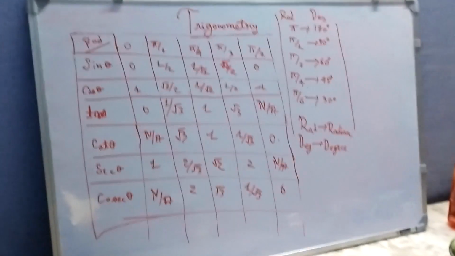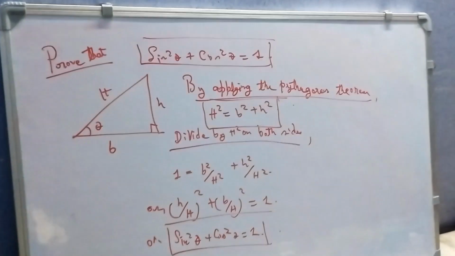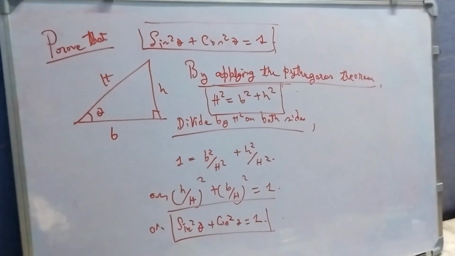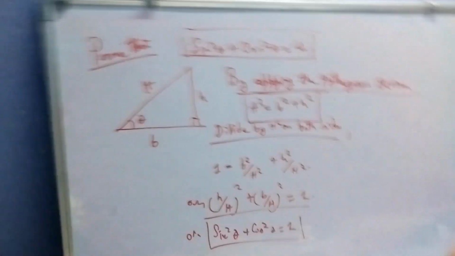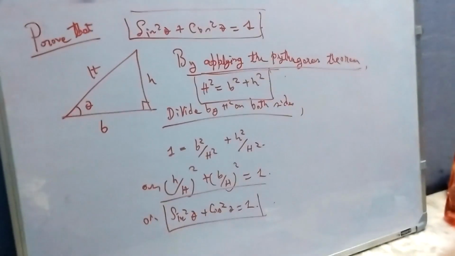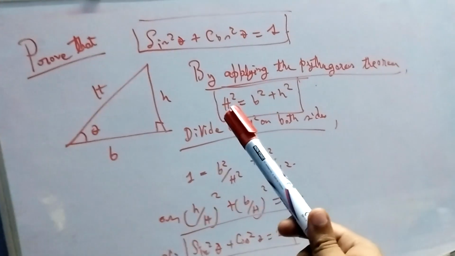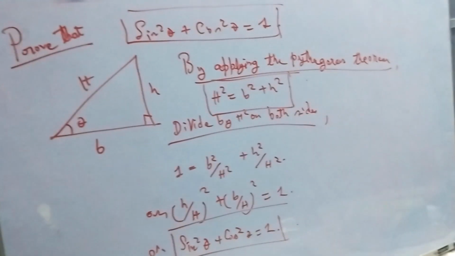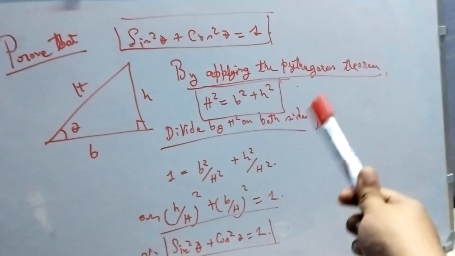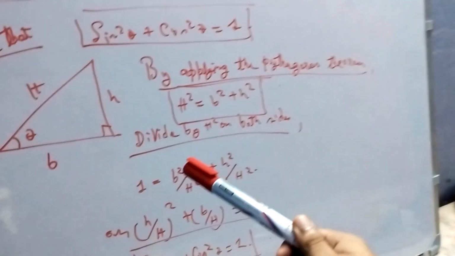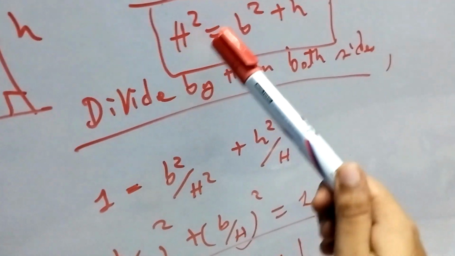I'm erasing it. Well, how can you prove sine square theta plus cos square theta equal to 1? We all know about the Pythagoras theorem, right? From our childhood we are reading it, that hypotenuse square equal to base square plus height square. If someone is reading in class 10, they must know it. So this one, and then divide both sides by hypotenuse square.